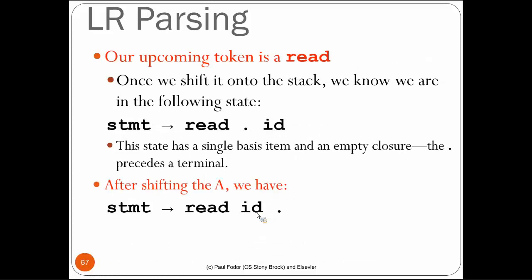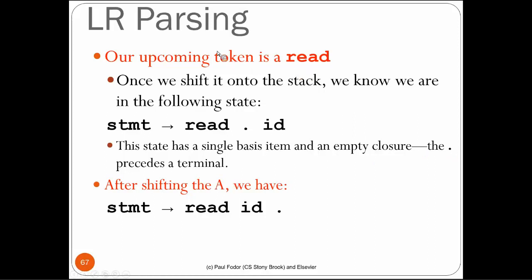So at this point we can shift the read into the stack. So we know that we are in the state where we identified the read, and now we are expecting an ID. This state has a single base item because the period is followed by ID, and an empty closure. So there are no other rules that can be added because the period precedes the terminal.